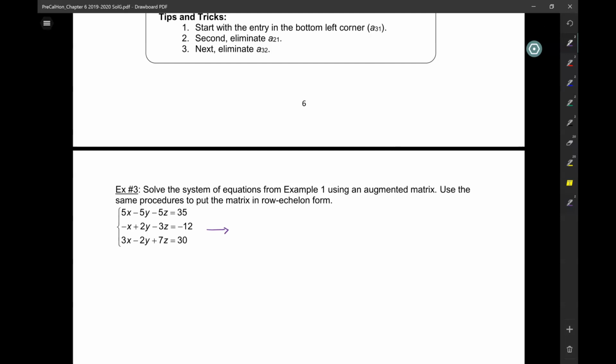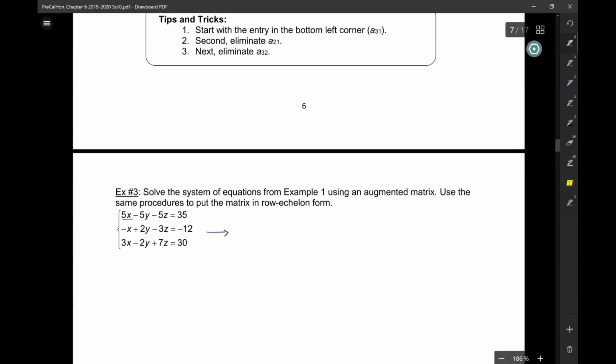If you see a row that can all be divided by the same number, divide it by the same number. So first, divide everything here by 5. And then I'm going to write the matrix. 1, minus 1, minus 1, 7. Minus 1, 2, minus 3, negative 12. 3, negative 2, 7, 30.